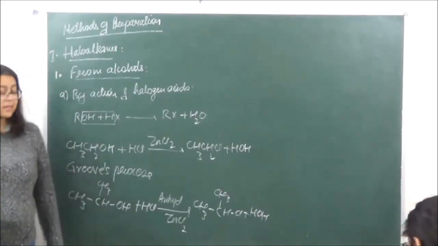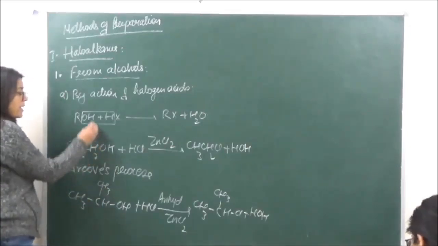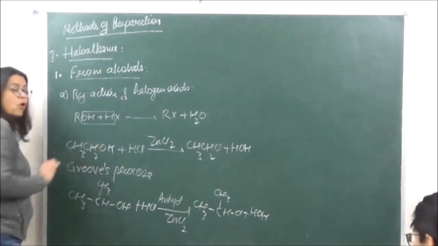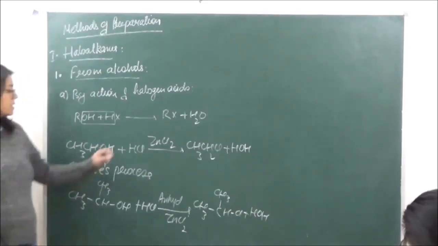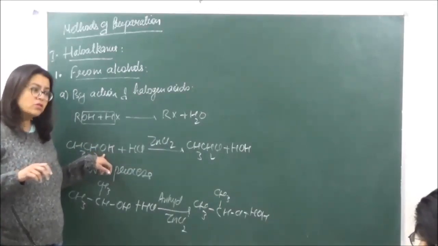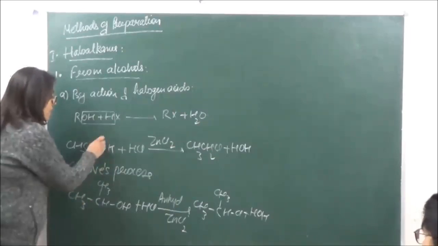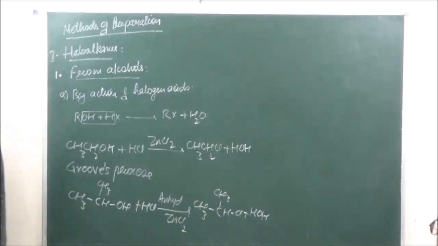In this case, the zinc chloride helps to break the bond between the carbon and oxygen, as a result of which the cleavage can take place from here and the halogen can easily attack.